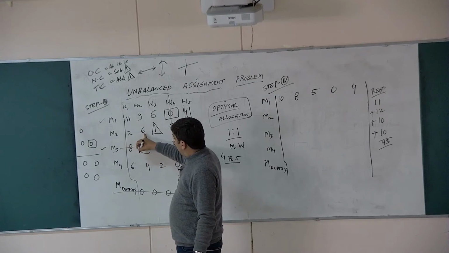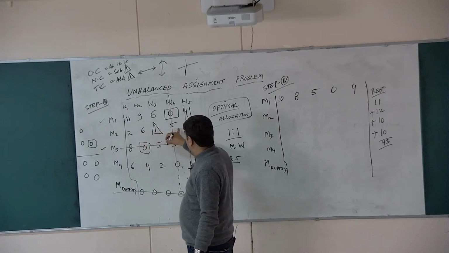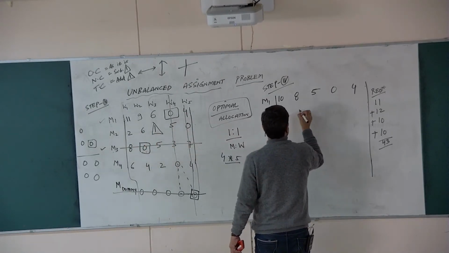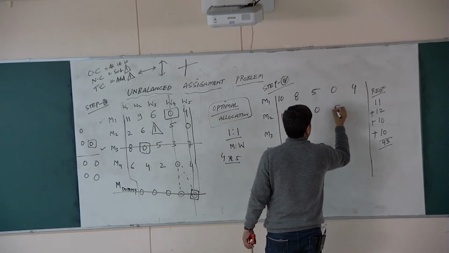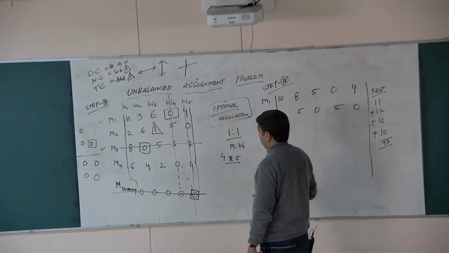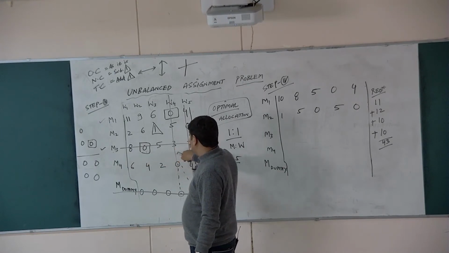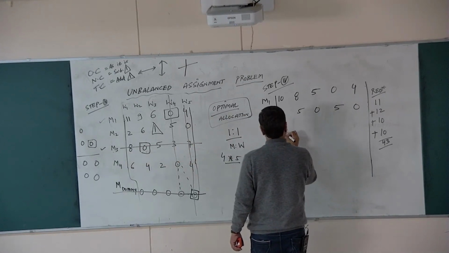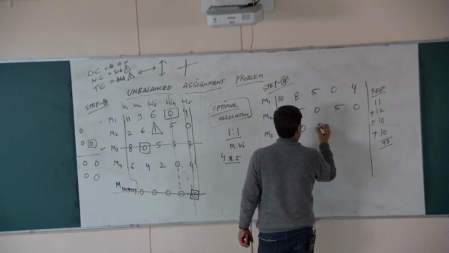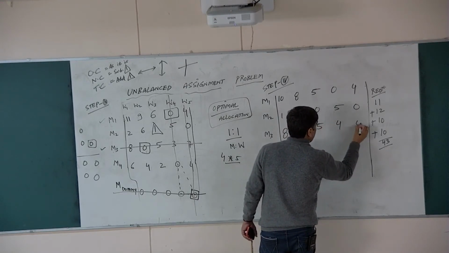Next row: 1, 5, 0, 5, 0. Next row: 8, 0, 5, 4 and 8.